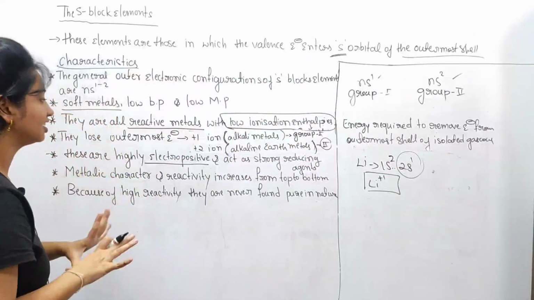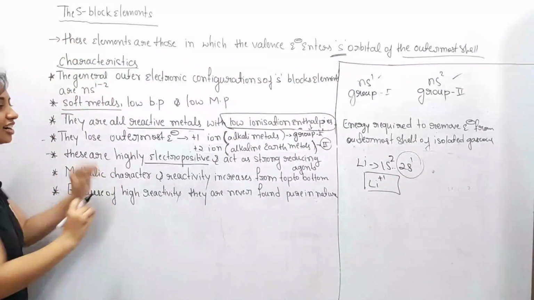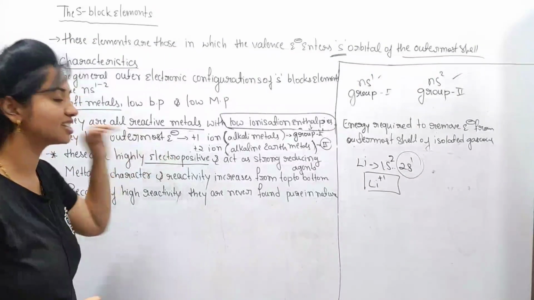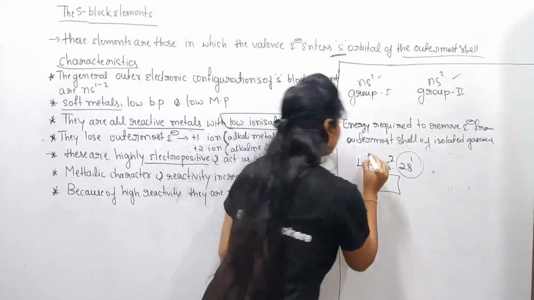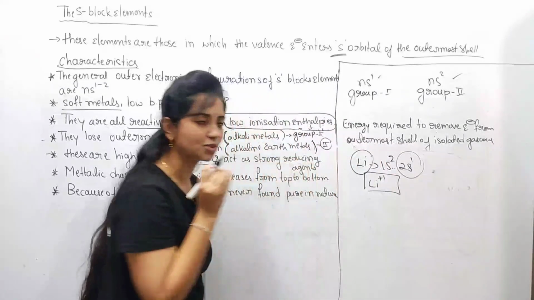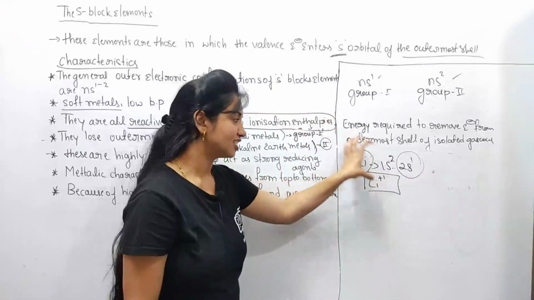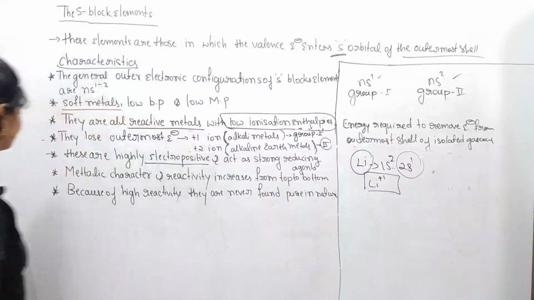Just remember, the S block elements are highly electropositive elements and act as strong reducing agents. Lithium is the best and a strong reducing agent. Just remember these points also.